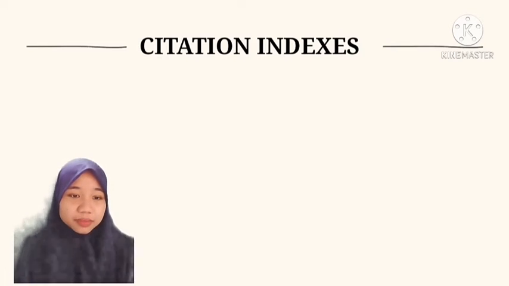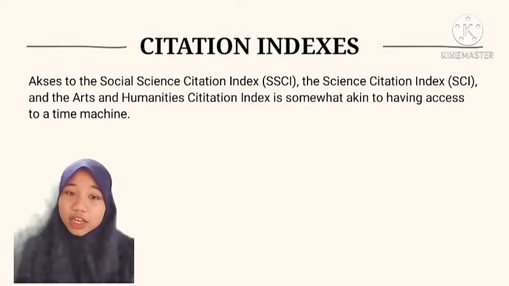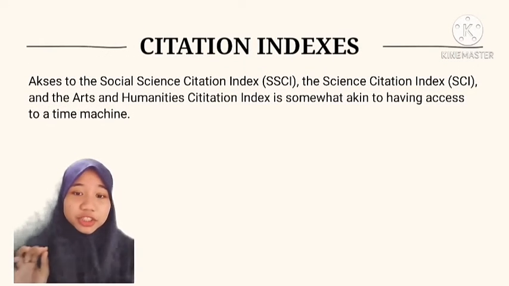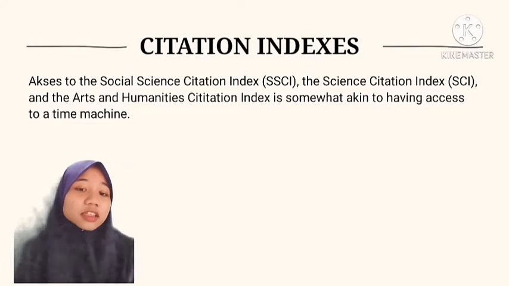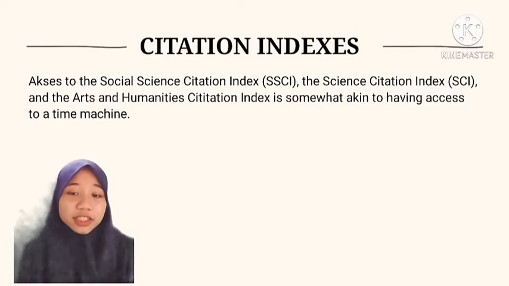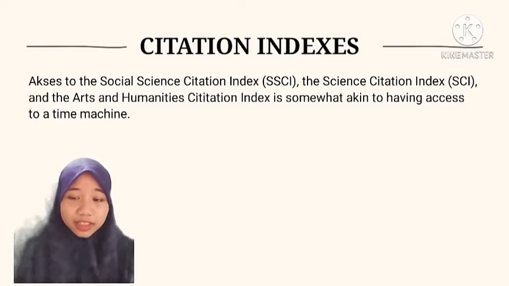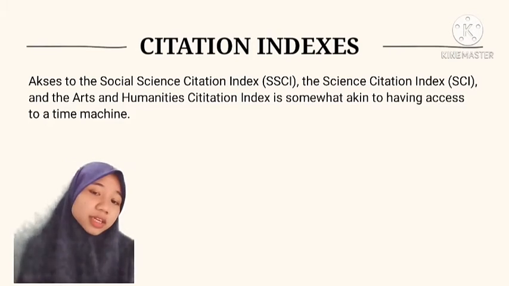Citation Index. Access to the Social Sciences Citation Index, the Science Citation Index, and the Arts and Humanities Citation Index is somewhat akin to having access to a time machine.